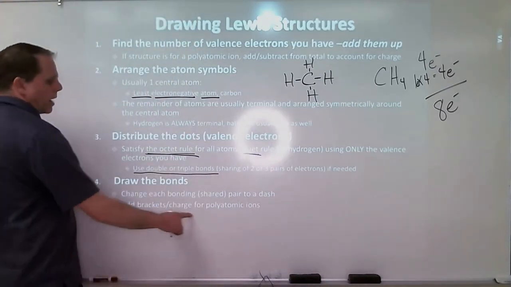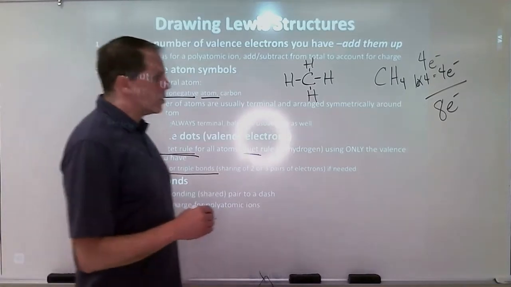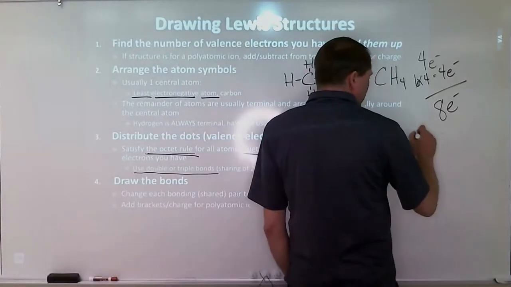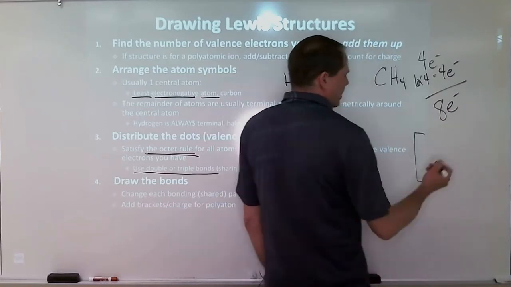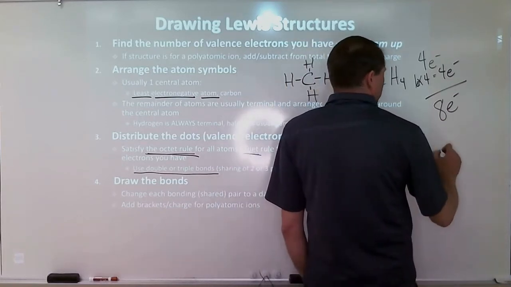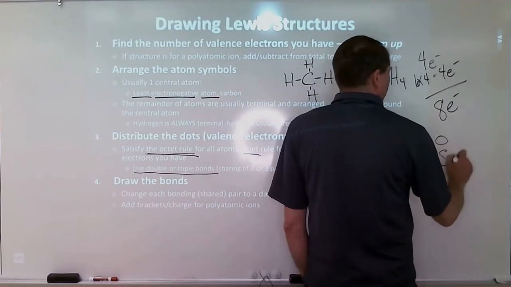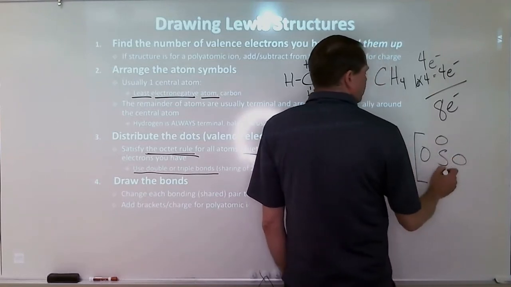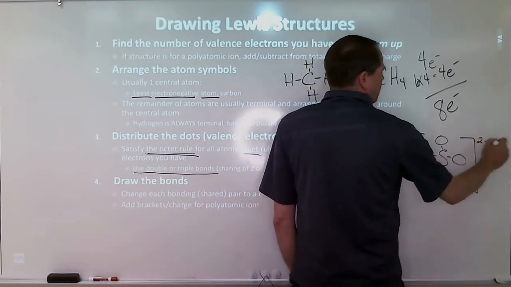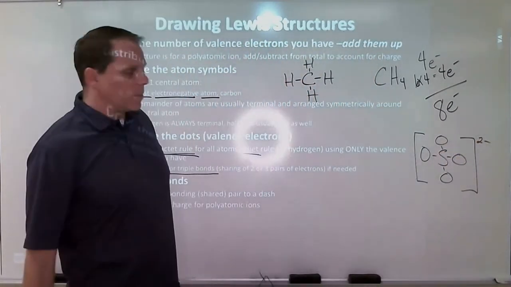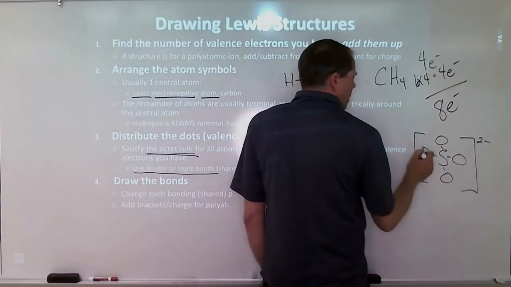It says to add brackets if you're doing polyatomic ions. So if I had a polyatomic ion, like let's say SO4 2 negative, I have an S and all of these oxygens around the outside, and then I would put brackets around it, and I would put a 2 negative on the outside of that.